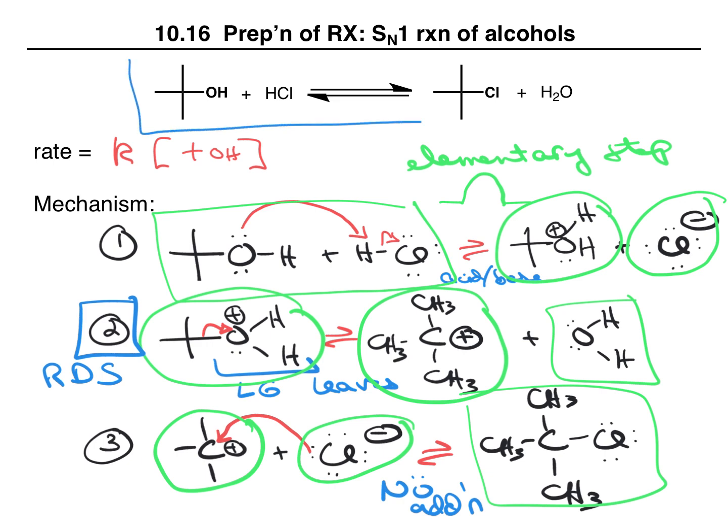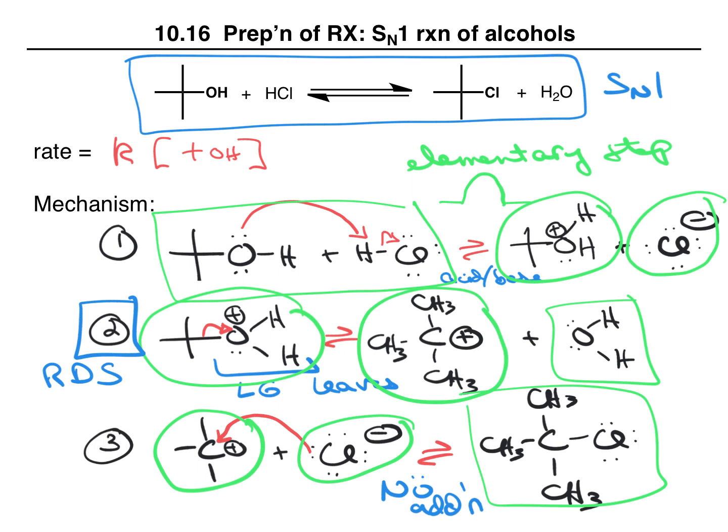So this reaction proceeds through the SN1 mechanism. S for substitution, because overall that's the change that happens. The OH is replaced by Cl. Nucleophilic, because the nucleophile adds to the electrophile. And the 1 stands for unimolecular.